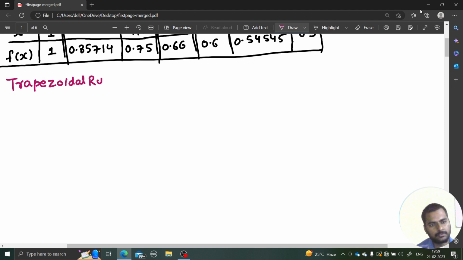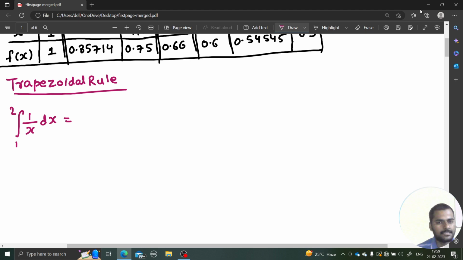Trapezoidal rule. With the help of the trapezoidal rule, the integral from 1 to 2 of 1 upon x dx can be written using the general formula, that is h by 2 times the first value plus the last value.